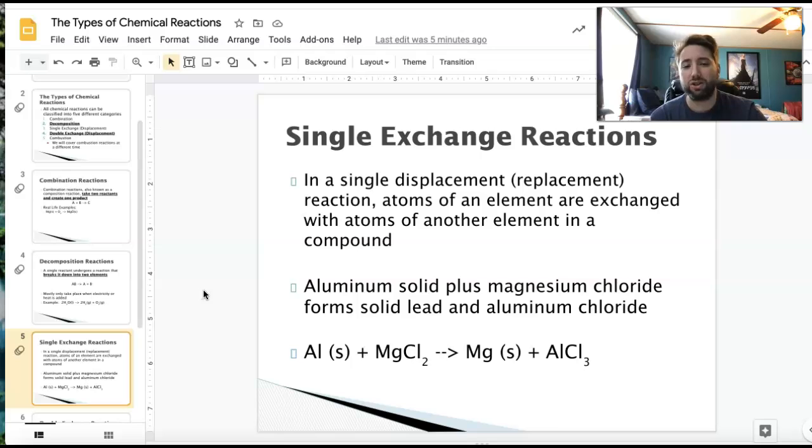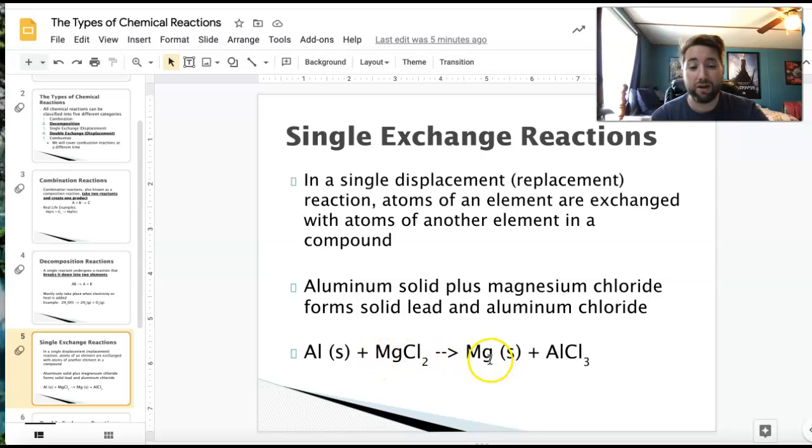All right, so single exchange or single displacement or single replacement, they're all the same thing. Atoms of an element are exchanged with atoms of another element or a compound. The way that I like to think about this one is we've got one thing that is by itself, and it's trying to kick out a similar thing that's in a compound. If you look at this, this is solid aluminum, and it's trying to kick out this magnesium that's with the chlorine and make the magnesium be by itself.